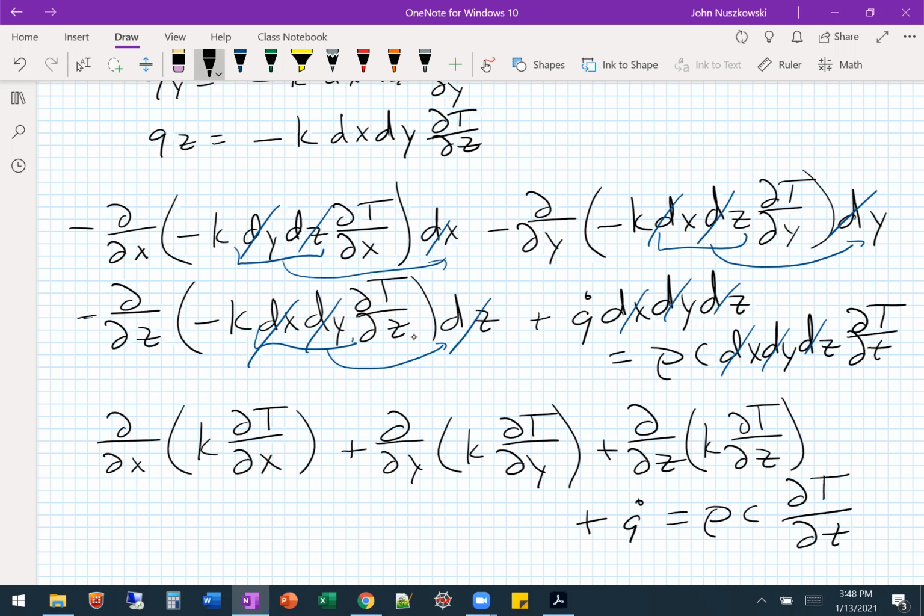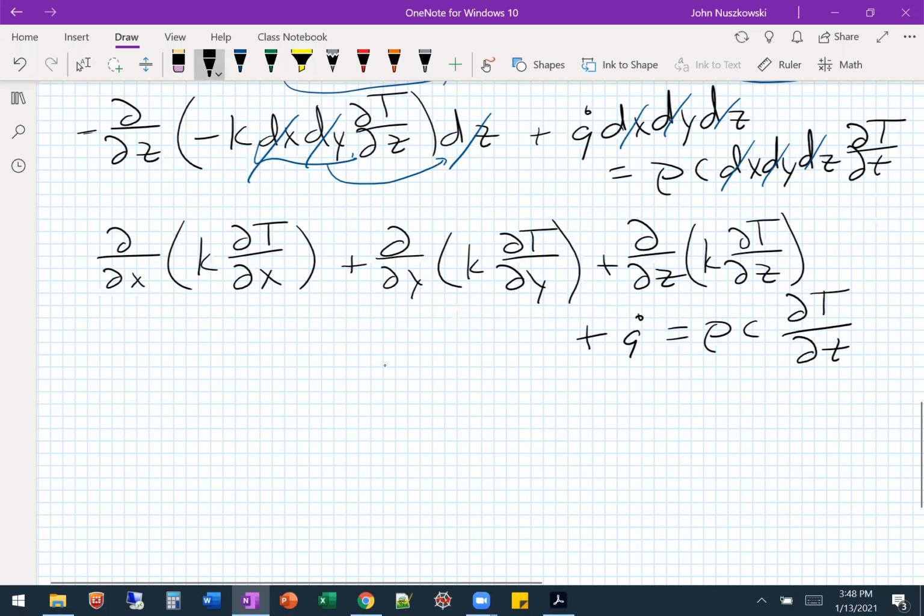All right, so that is our heat equation in Cartesian coordinates. Okay, any questions so far?